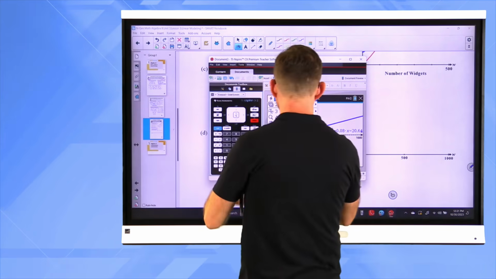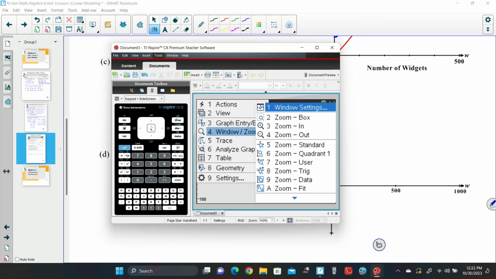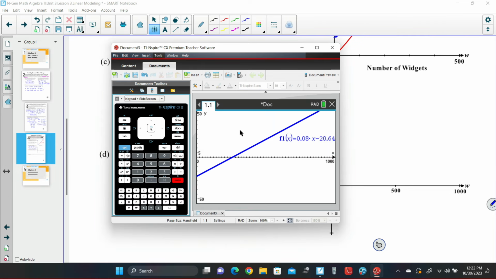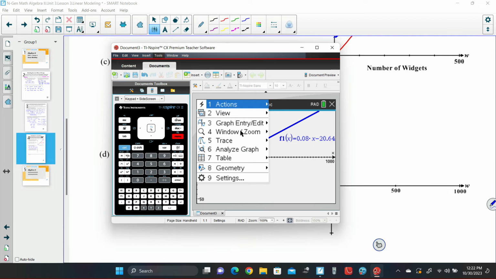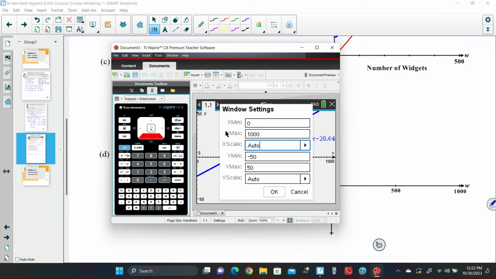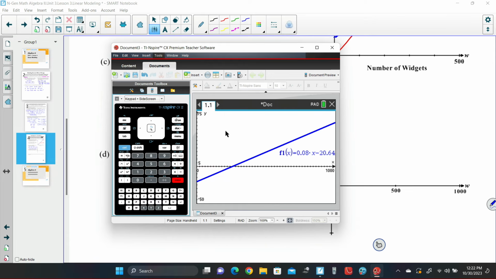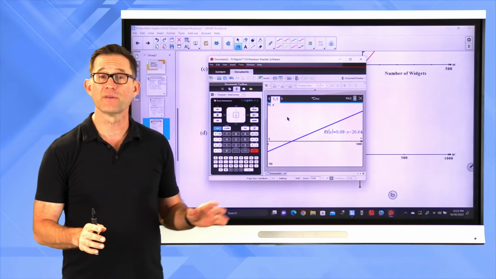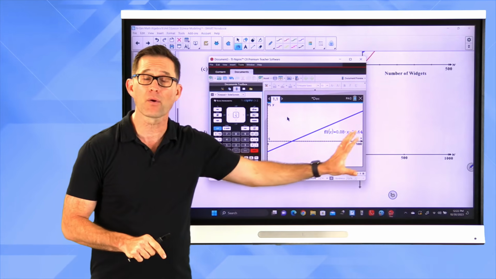So I'm going to go in my window settings, maybe negative 50, and just to keep it symmetric, 50. And then of course that upper one wasn't quite what I wanted, maybe 75. I like that. Look at that. I always like it when a curve takes up more or less the entire window.